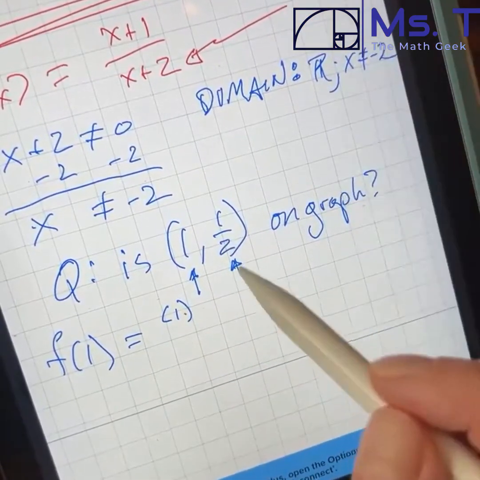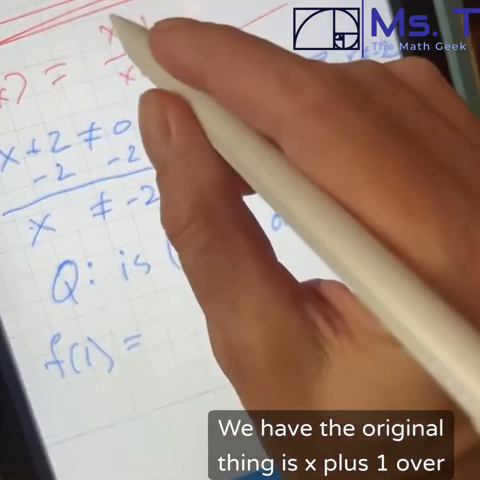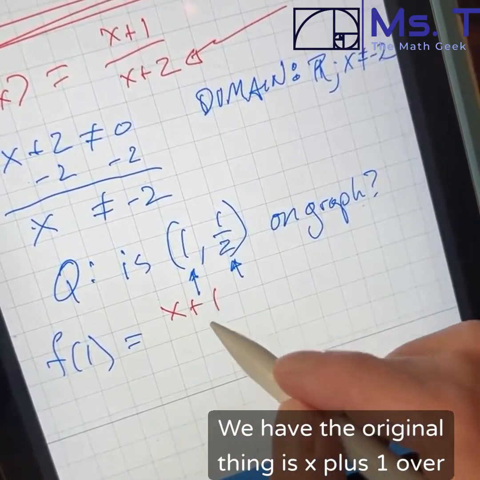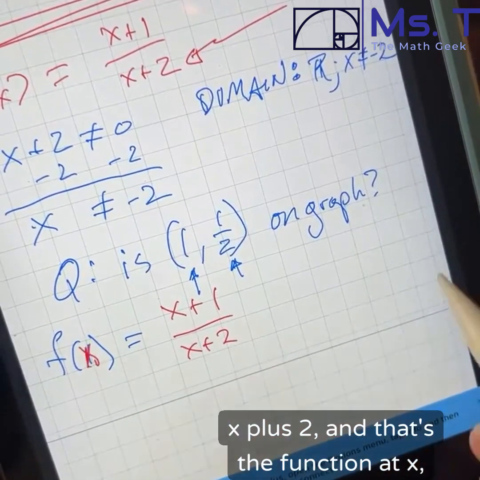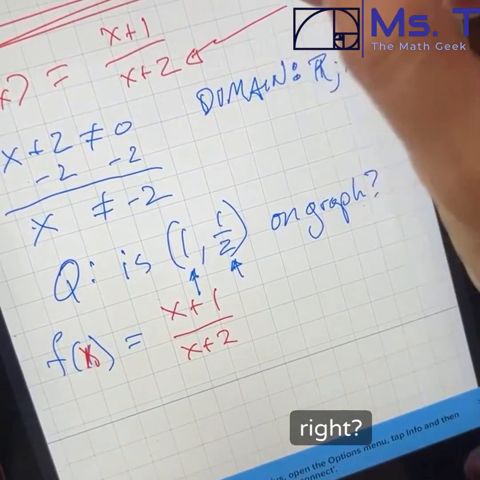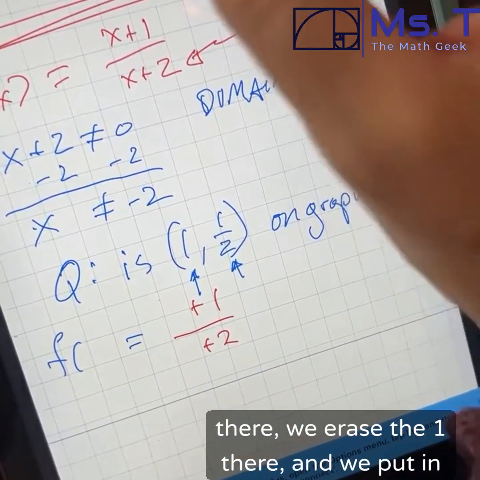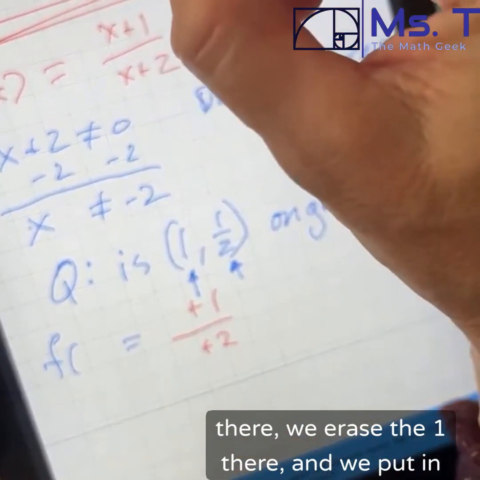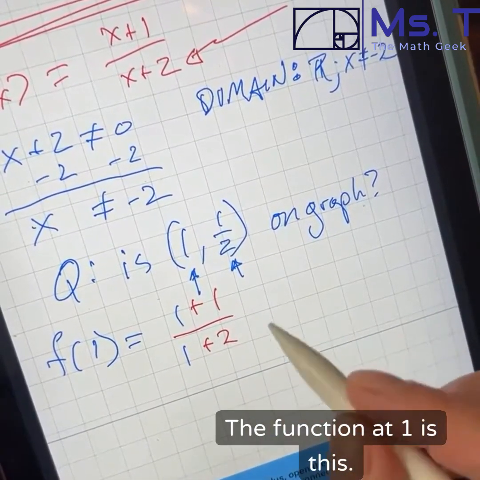The original thing is x plus 1 over x plus 2, and that's the function at x. But now watch, we want to know the function at 1. So we erase the x here, here, and here, and we put in 1. The function at 1 is this.